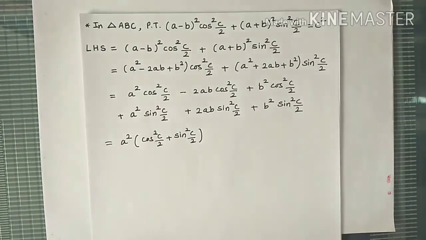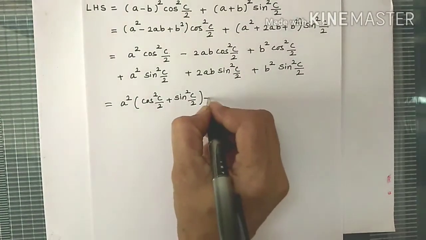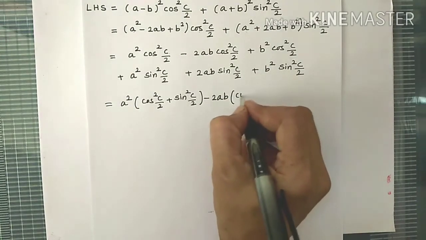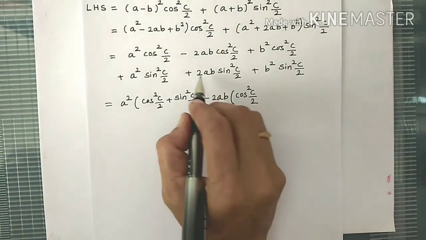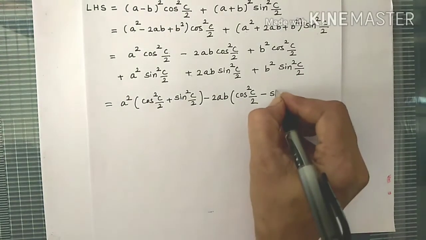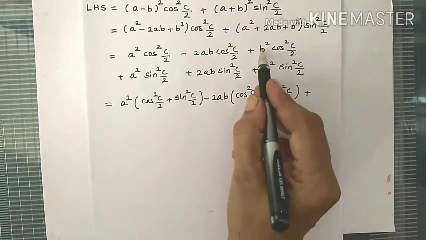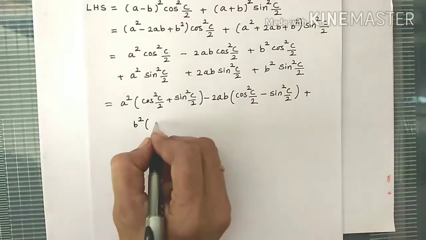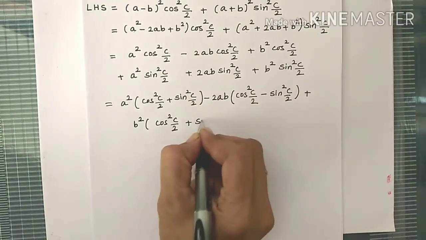Now from these two terms, let's take minus 2ab common. Taking minus 2ab common in the bracket, we get cos square C by 2 as a positive term, and since we are taking the minus sign common, this term becomes negative now: minus sin square C by 2. Plus, take b square common from these two terms, so plus b square multiplied by cos square C by 2 plus sin square C by 2.